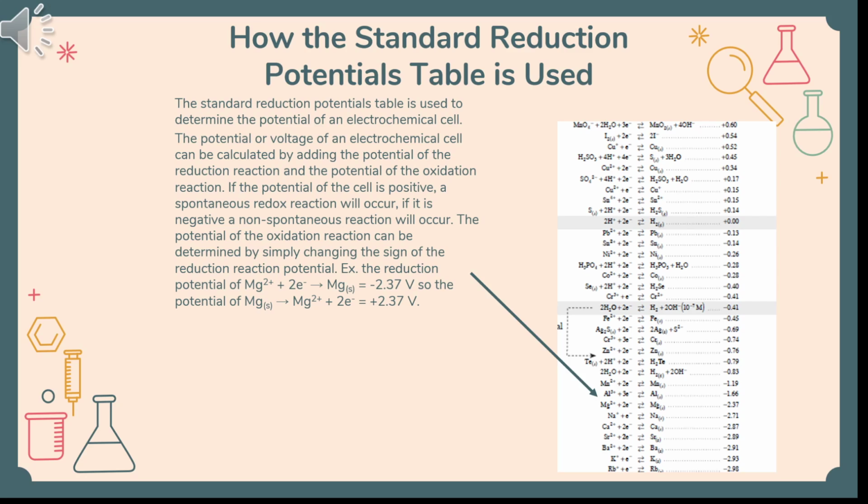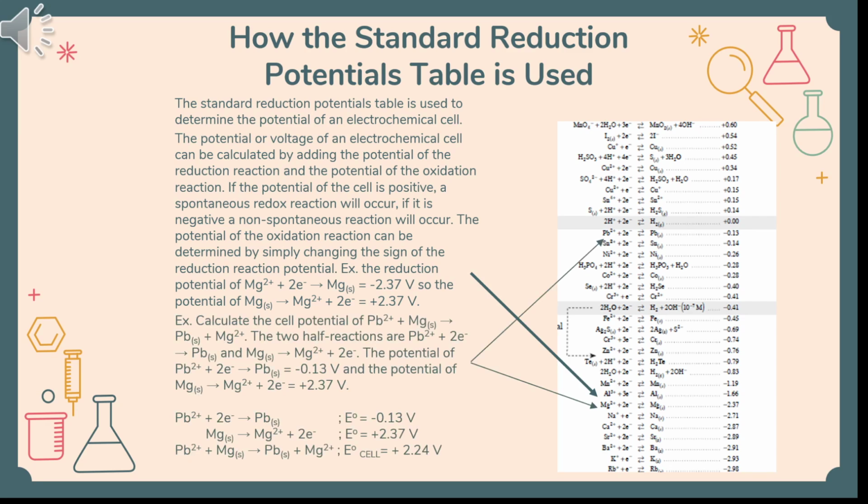The potential of the oxidation reaction can be determined by simply changing the sign of the reduction reaction potential. For example, the reduction potential of Mg2+ forming Mg solid is equal to negative 2.37 volts, so the potential of Mg solid forming Mg2+ is equal to positive 2.37 volts.